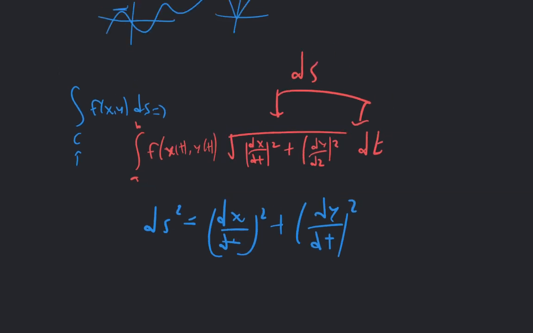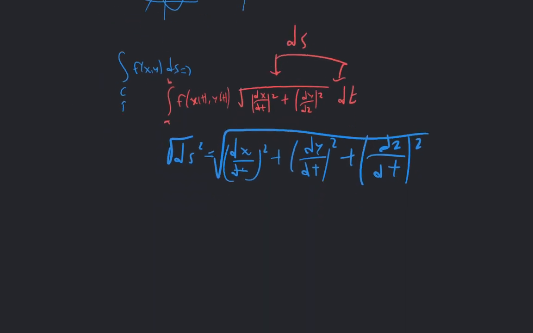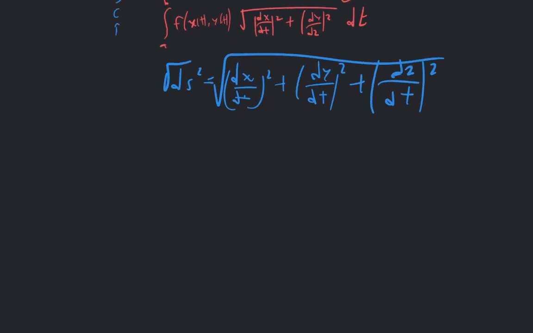And if you're in 3 dimensions, you just add the z term, and then you take the square root, and that's what you get. So anyway, let's do a little example.